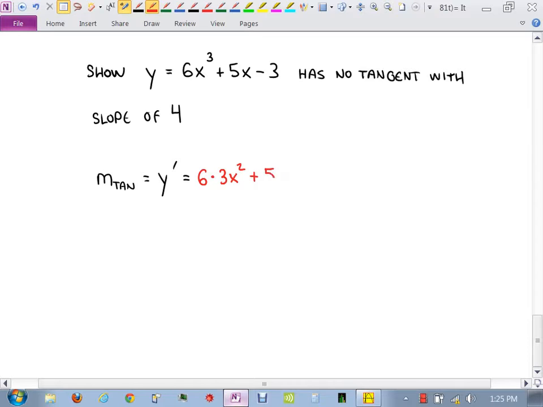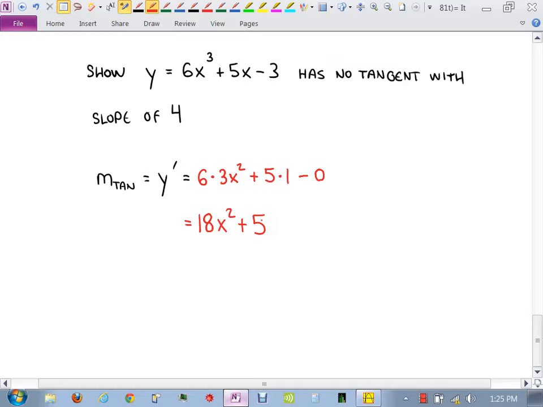Well, 5 comes down, but then what's the derivative of x? 1. We all need to remember that. Derivative of x is 1, so that's going to be times 1. And then minus, what's the derivative of 3? 0. Derivative of a constant is 0. So my derivative is 18x squared plus 5. Do you agree?